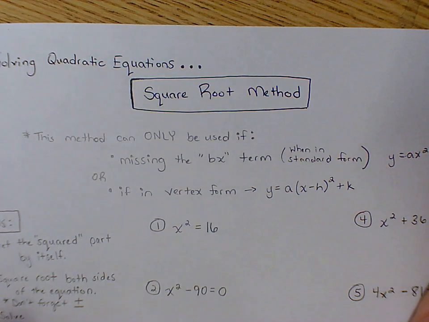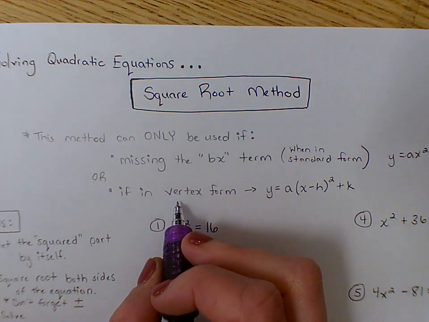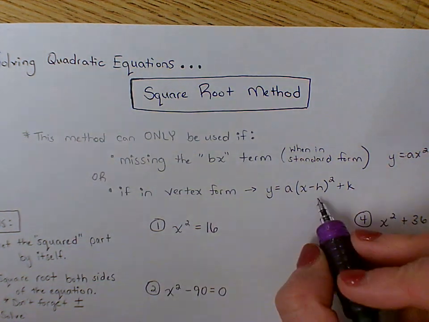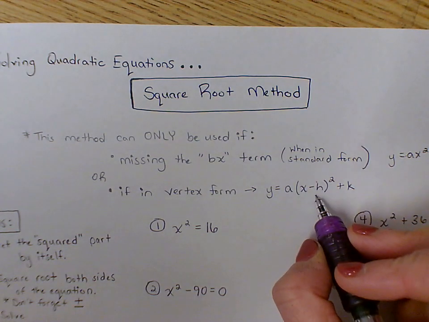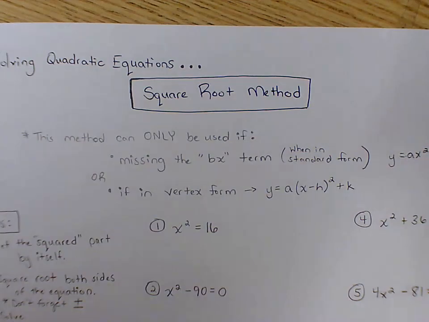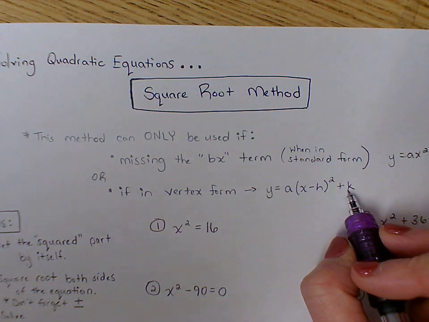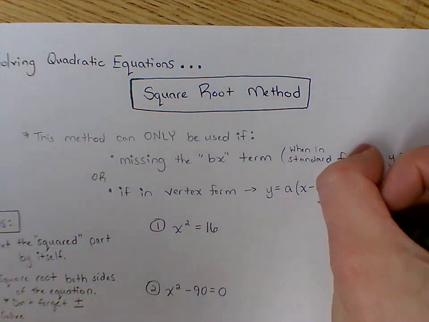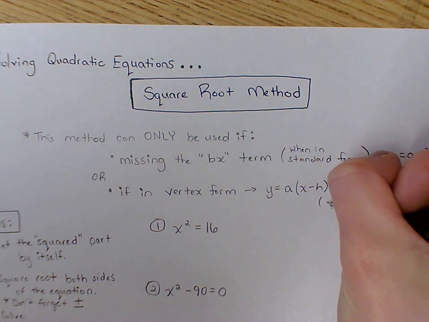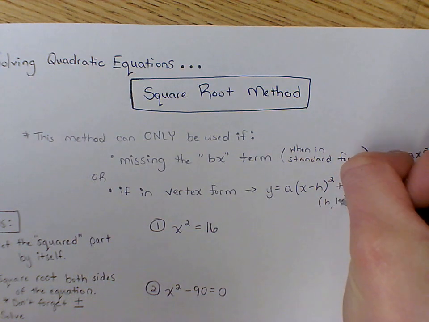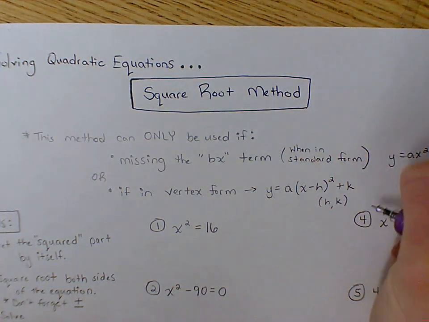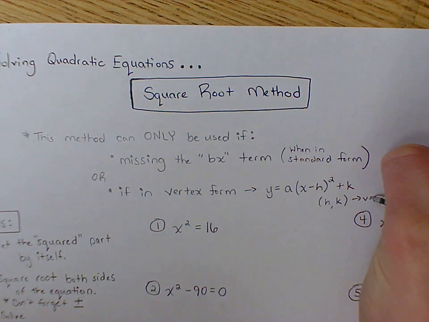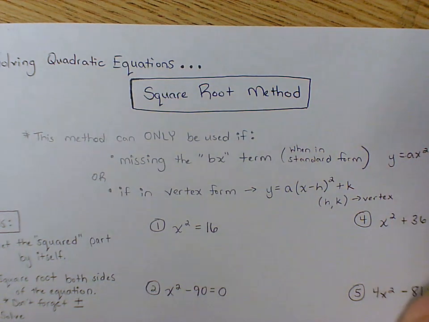And remember, the reason why this is called vertex form is because if you take this number and change the sign of it, and then copy that one down as a coordinate, that is your vertex. So that's the reason why it's called vertex form, okay?